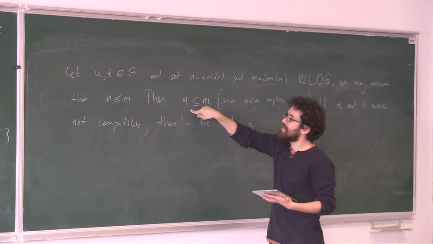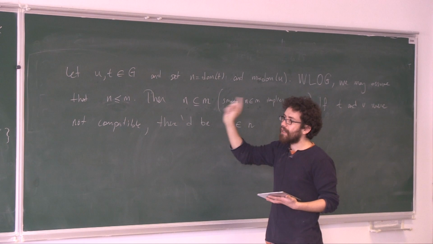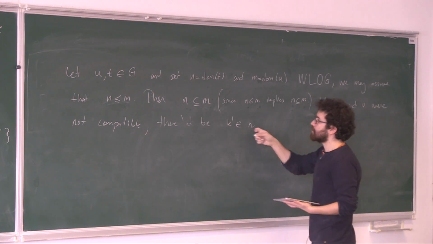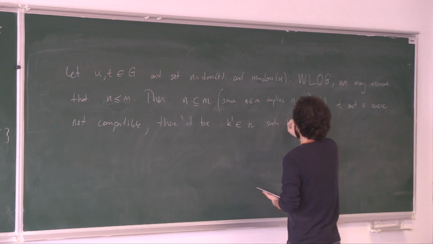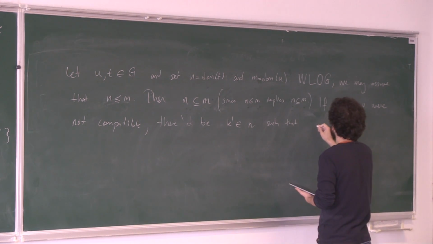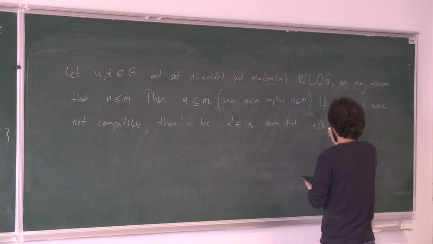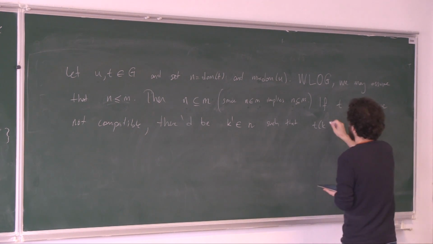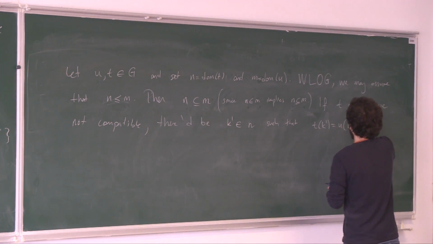The intersection of their domains is N. So if they were not compatible, there would be some element in the intersection of domains such that they take different values: T of k prime is different from U of k prime.